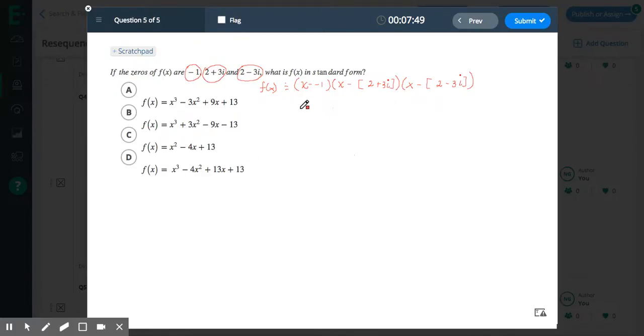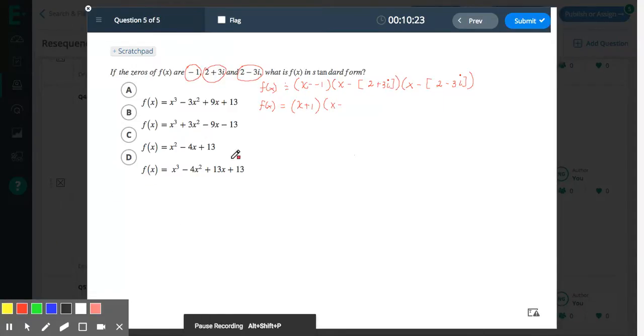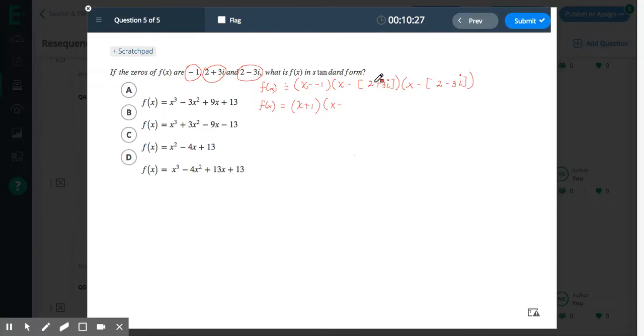Now, to put this in standard form, we have to multiply all of this. So let's clean it up first. So we'll have f of x equals x minus -1 is x plus 1 times x minus, and then we distribute the negative over this.